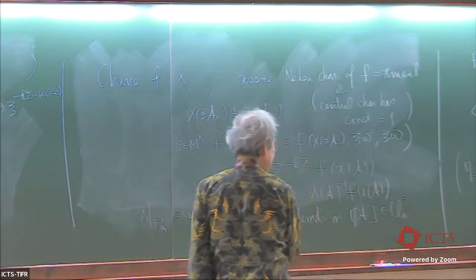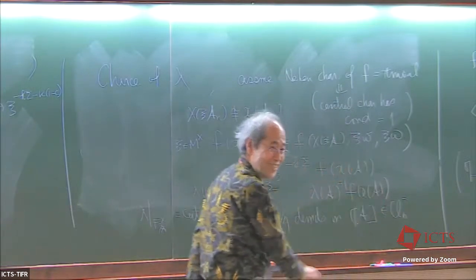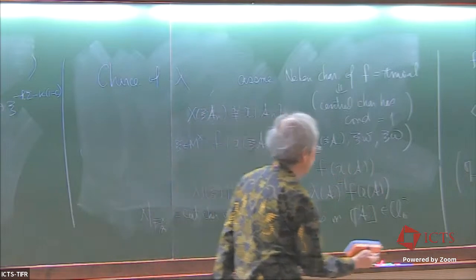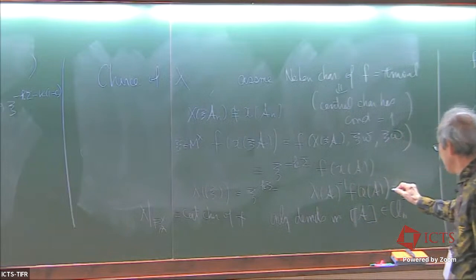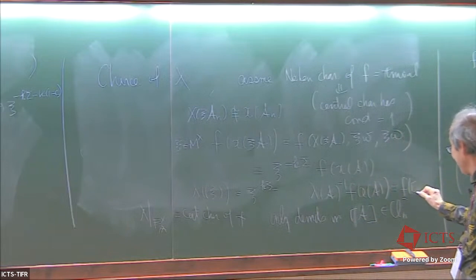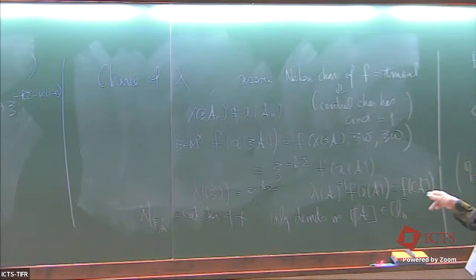Then by this fact, I can put minus there. So I write this to be the F class, and this is the volume of the measure at the point A.